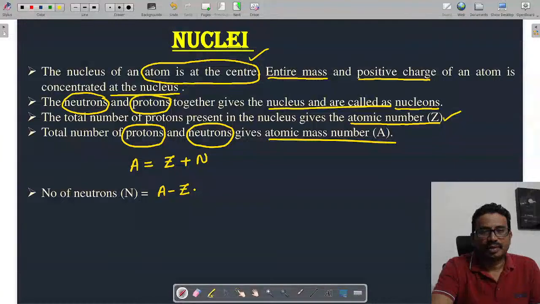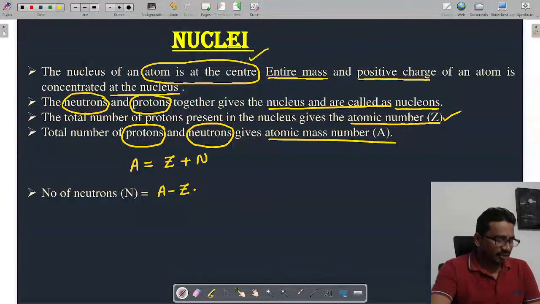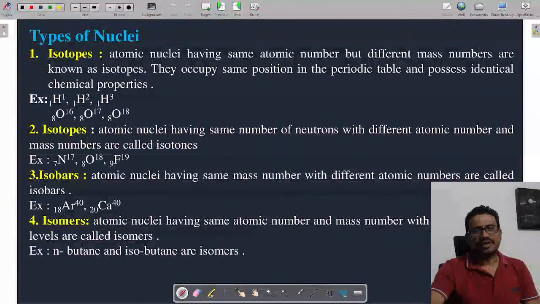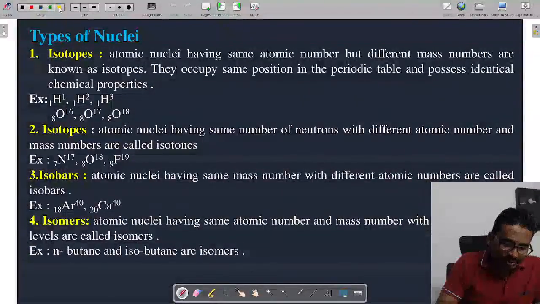Now, let's see what are the different types of nuclei we have. You might have studied about the different types of nuclei in your chemistry also.